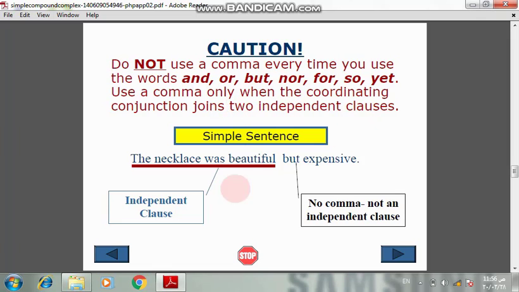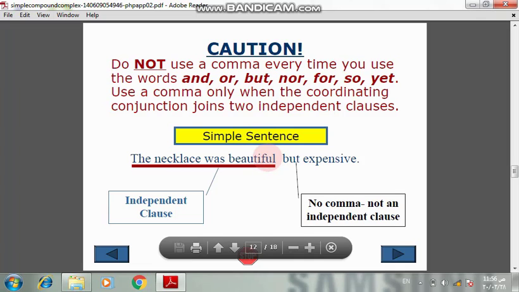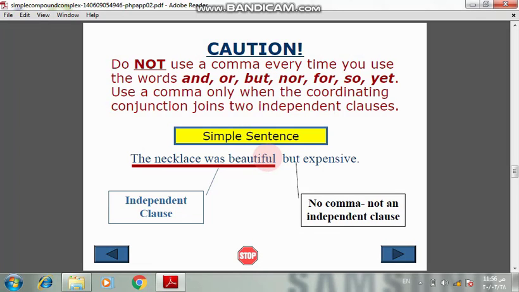Here is a sentence that doesn't have two complete independent sentences. The necklace was beautiful. This one is an independent clause, or independent sentence. You agree with me? And but is a coordinating conjunction. But what about the word expensive? Expensive is just an adjective.